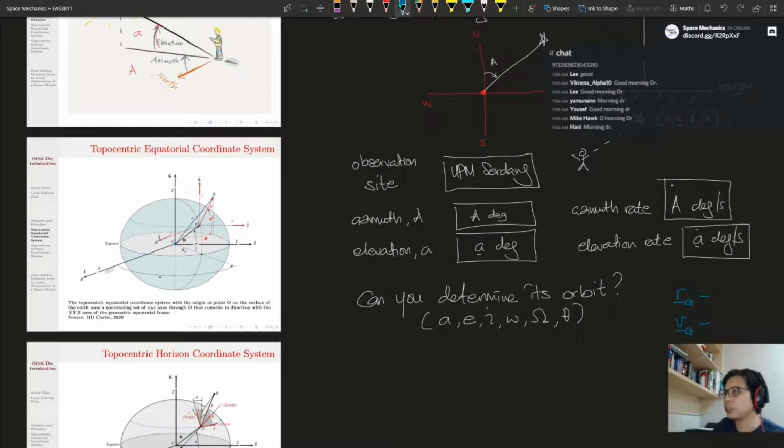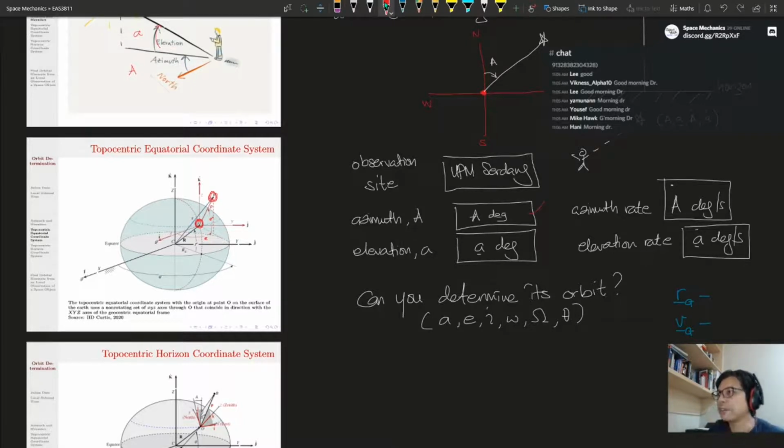So usually what you do is you are sitting here on the surface of the earth, and then you see something in the sky. Usually that's what happens. You don't sit in the middle of the earth and calculate the r like that. You sit somewhere on the surface of the earth and observe something, and what you got here usually is just this one.